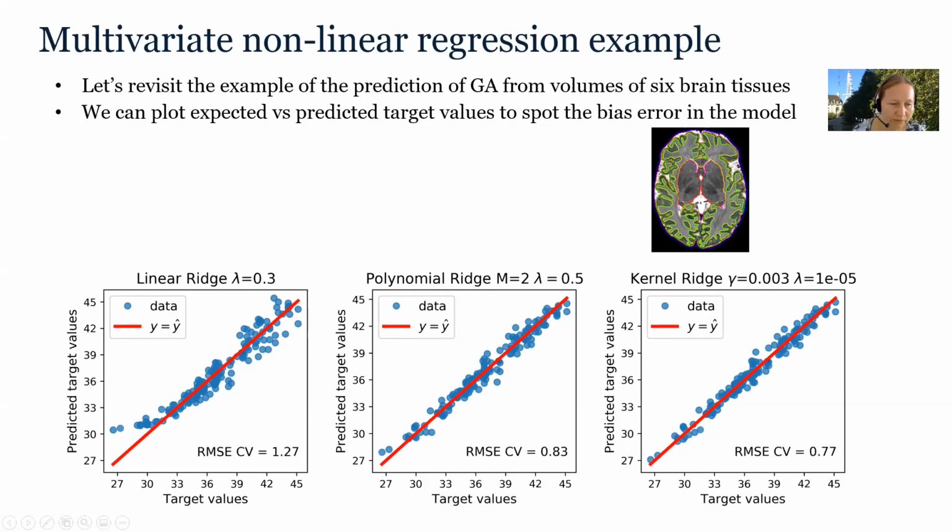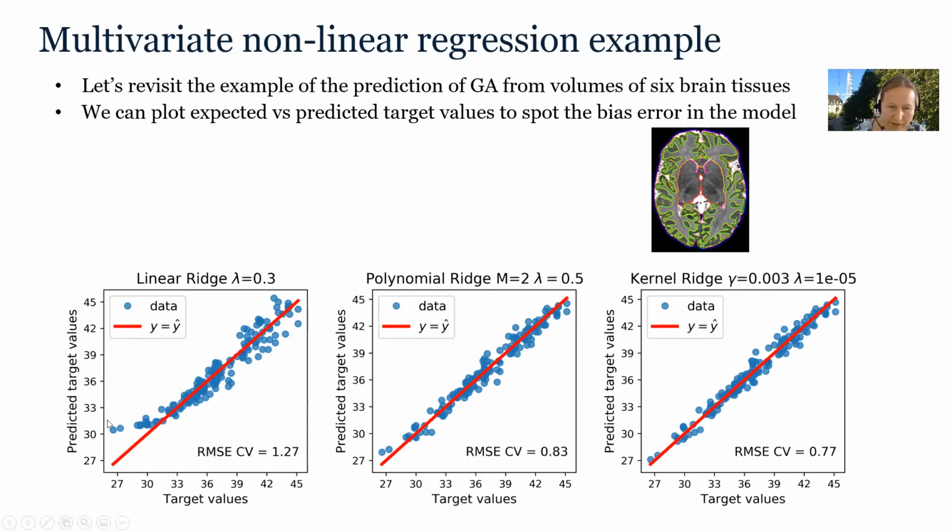Obviously, for an optimal model, these would be equal, so they would lie on this red line that shows target values equal to predicted target values. We can see for the case of linear ridge that for the higher ages, the points are quite close to the line, but for the younger babies, they deviate. So we have a bias error here.